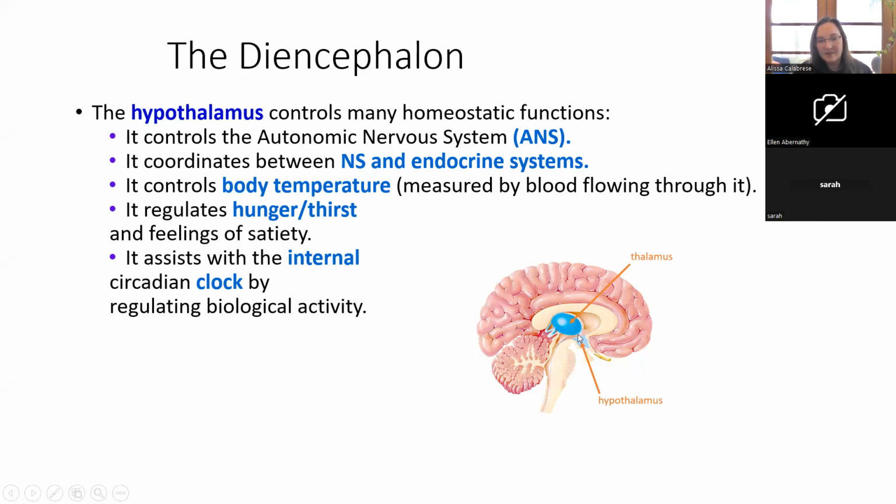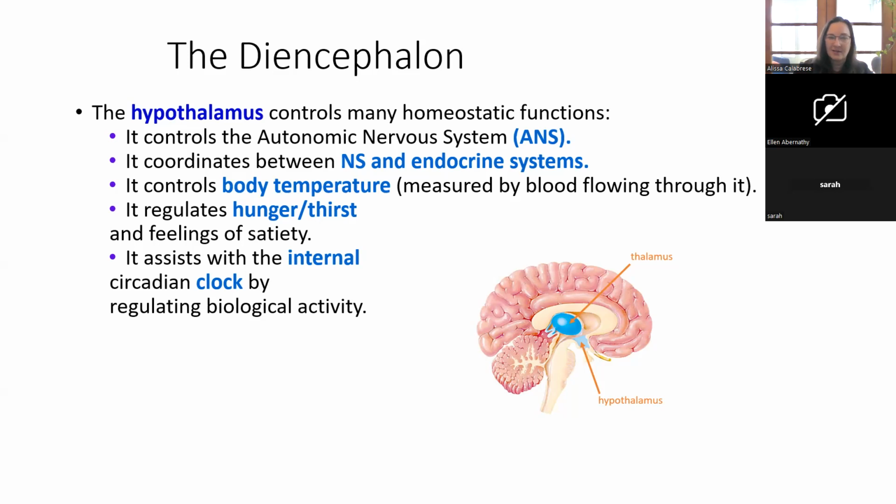Attached to the thalamus, sort of a little bit anterior, a little bit inferior, is the hypothalamus. So when you think of hypothalamus, you should think of homeostasis. It helps you maintain homeostasis. And it does some of the major things like regulating your body temperature, so keeping you at roughly 98.6 degrees.